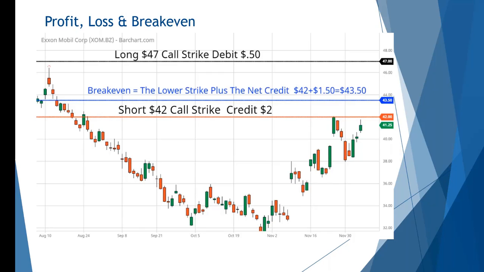My net credit in that case was $1.50. So I could conceivably make about $1 on that trade. Now we'll look at some risks that are involved with that, but I just want to show you that there are some opportunities still to have a profit, even though price does not go below our lower strike price.